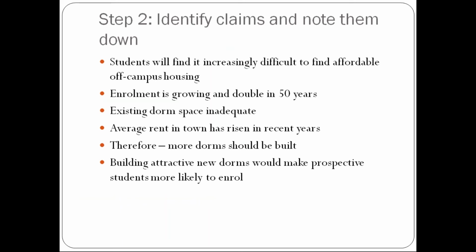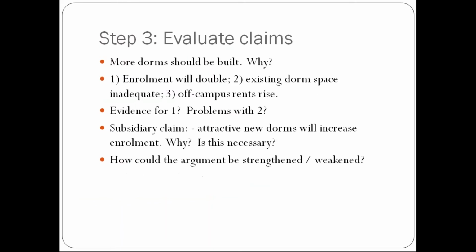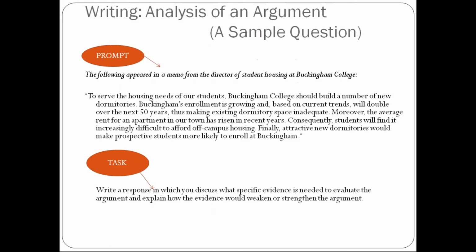So this is especially relevant for the argument essay. Okay, so this is, I think, referring to this argument essay here. Okay, so this was to serve the housing needs. We've considered this before in a previous lesson. So to serve the housing needs of our students, Buckingham College should build a number of new dormitories.